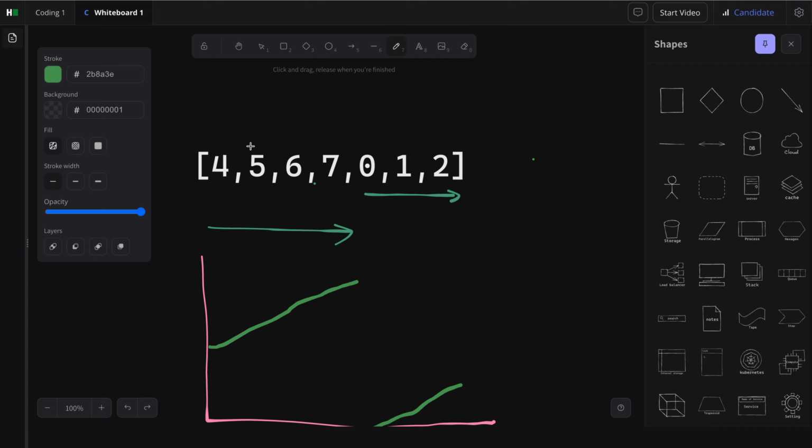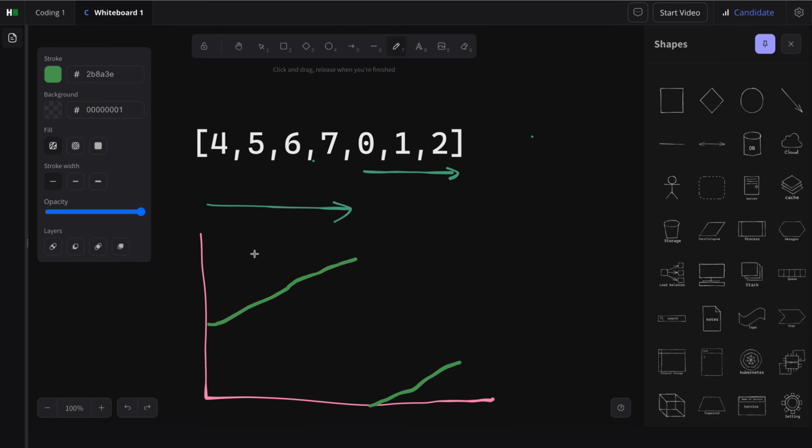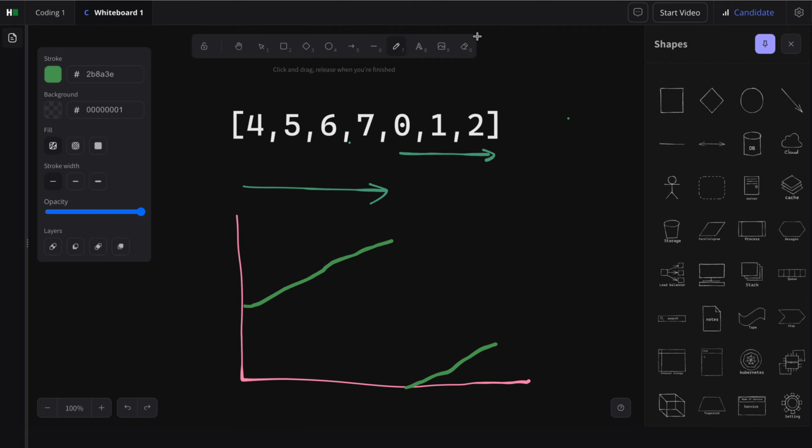So that still implies some kind of way of determining which half you want to go into. But I think what's more important is looking at these two lists, because by the look of this graph we know this sublist is in ascending order, and this one is ascending order.